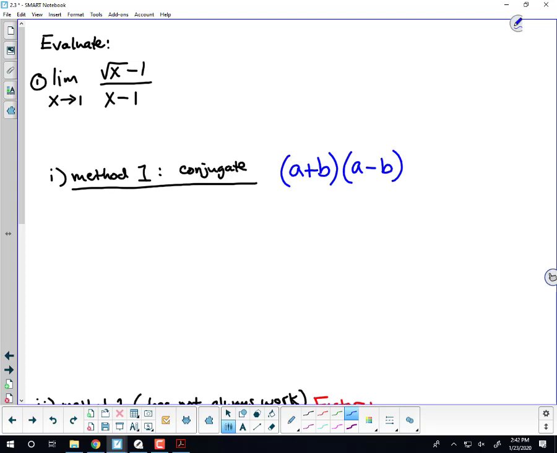And the reason this is more advantageous when we have radicals or roots, specifically square roots here in this example, is because we know that this ends up giving us a difference of squares. And so if we have these radical things in here, like the square root of x minus 1, times the square root of x plus 1, well, we know this thing's going to get squared, and this thing's going to get squared, right? So we're eliminating the radicals when we utilize the conjugate in this form.